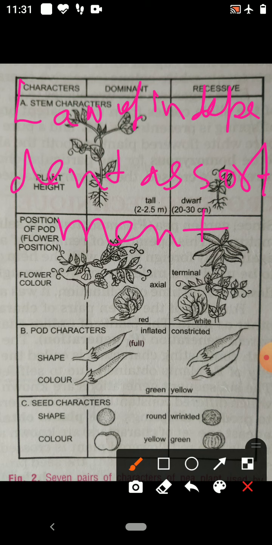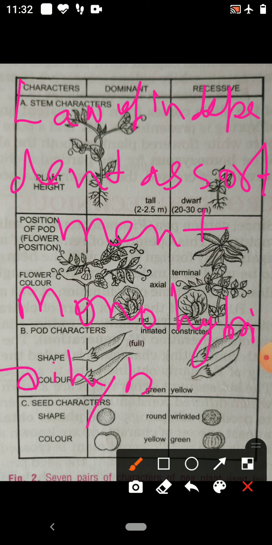Law of dominance and law of segregation you can understand by taking the example of monohybrid cross. But for law of independent assortment you have to take the dihybrid cross.